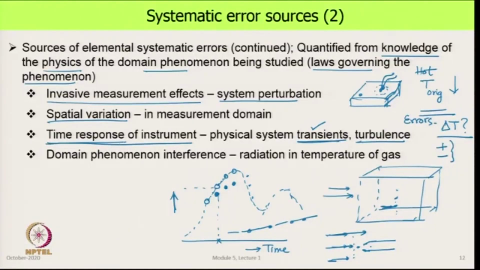So, this is quite an important thing in many measurements where we are making unsteady measurements or transient measurements. This is also the case when you are studying turbulence in fluid flow or turbulent heat transfer, turbulent mass transfer, or even atmospheric phenomena, which are hugely turbulent and varying with time.